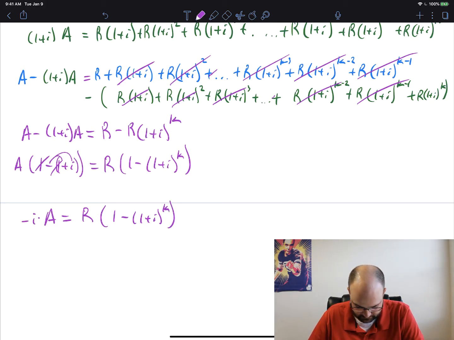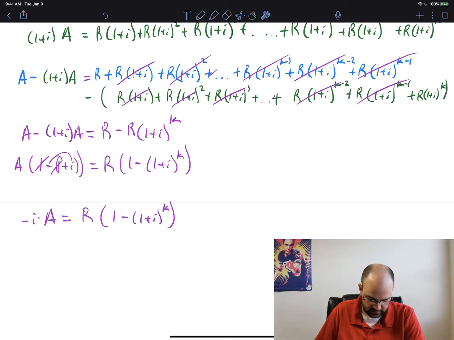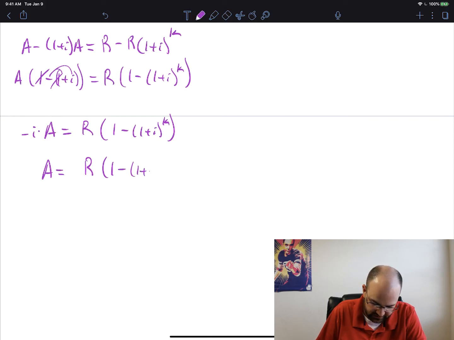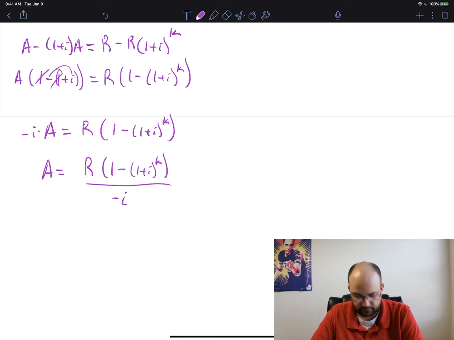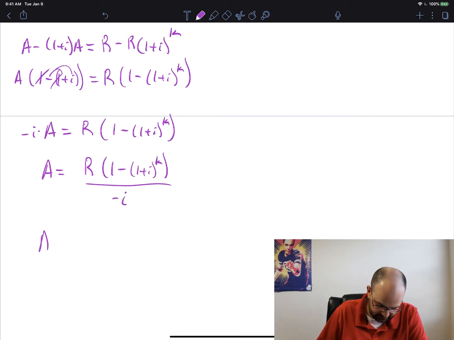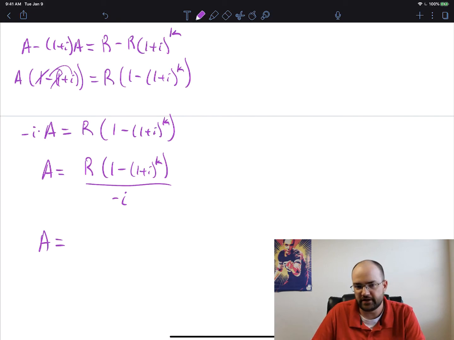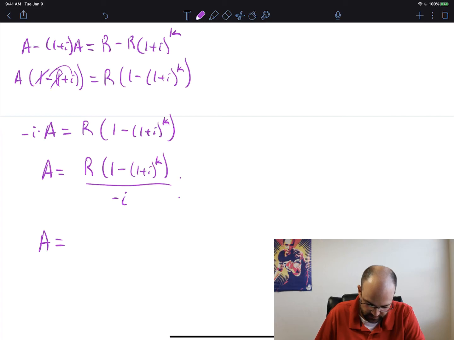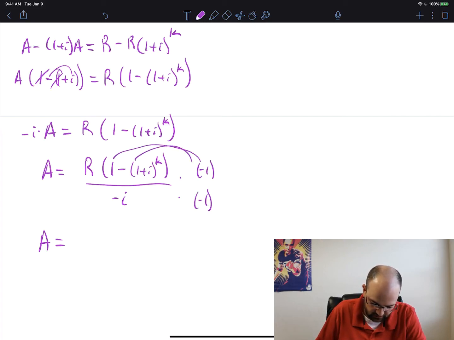Awesome. Now, here's the thing. I need to divide by this negative i, so that means that A is simply going to be R times 1 minus 1 plus i to the kth power, all over negative i. So the future value is this, but that's not actually the formula we want to use because there's a negative down here. So I'm going to multiply both top and bottom by -1, but I'm going to distribute that into here.